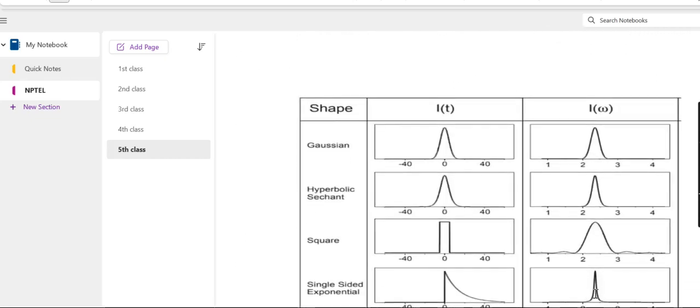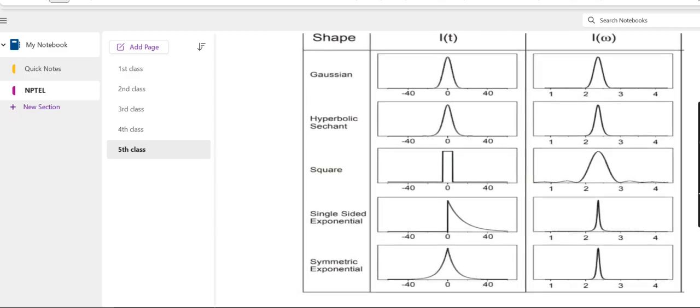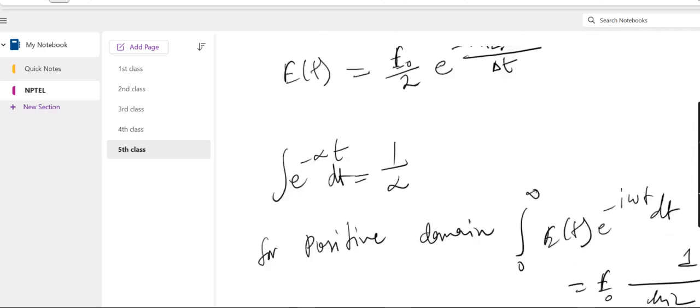I have shown how these common types of pulses behave. When you change from the time domain to the frequency domain, Gaussian remains Gaussian. I also showed how hyperbolic sech, square or rectangular pulse, and single-sided exponential function behave.